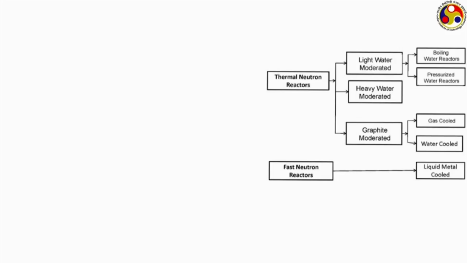The purpose of moderator is just to slow down fast neutrons to the thermal neutron level, and in a fast reactor we are looking to utilize the fast neutron itself, and we are not at all trying to slow it down. Therefore, a fast neutron reactor does not have any moderator, rather the fast neutron itself induces fission in the fuel and transfers that energy to the coolant. Fast neutron reactors are generally liquid metal cooled, that is, they use liquid metals as the coolant in them.